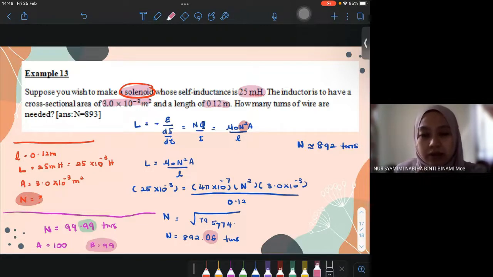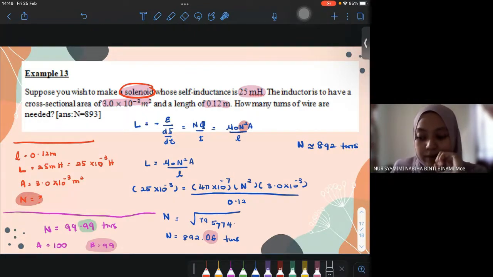Nanti chapter 8 kamu akan belajar bright fringes and dark fringes. Benda yang cukup sifat, benda yang ada sifat yang kamu boleh lihat, kamu tak boleh anggap yang belakang ini dah cukup sifat. So walaupun dia 9.99 dia tetap 9. Walaupun dia 99.9 dia tetap 99 bukan 100. Okay, so itu yang perlu kamu tahu.